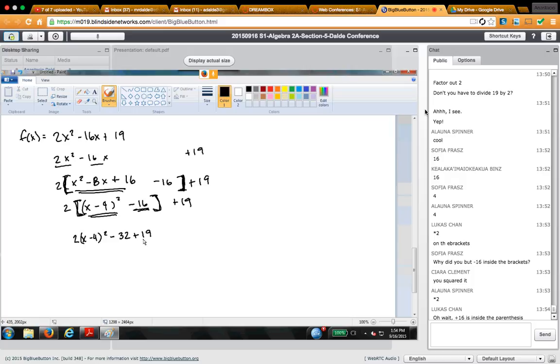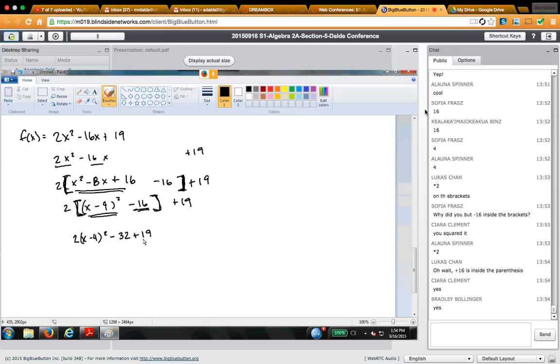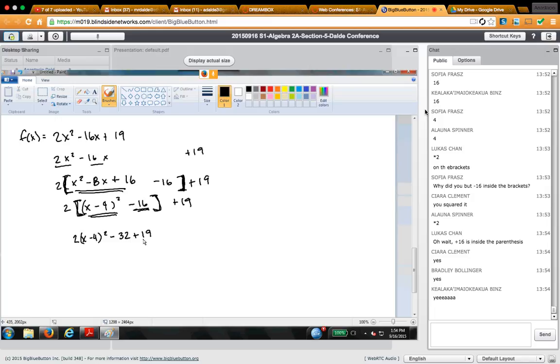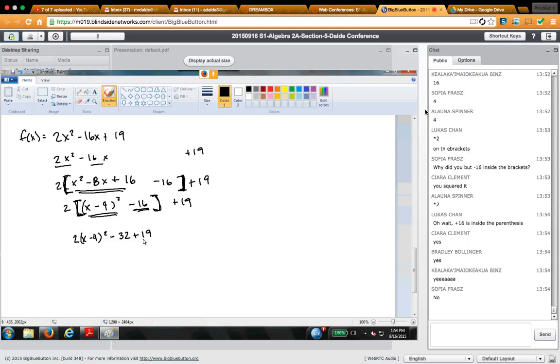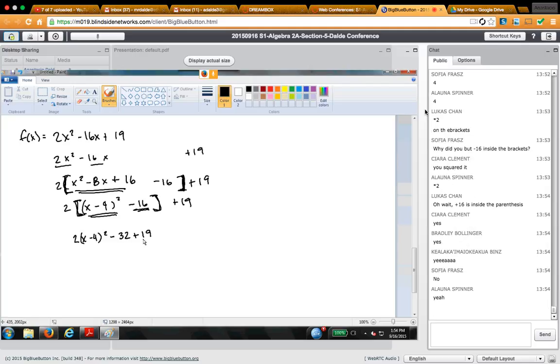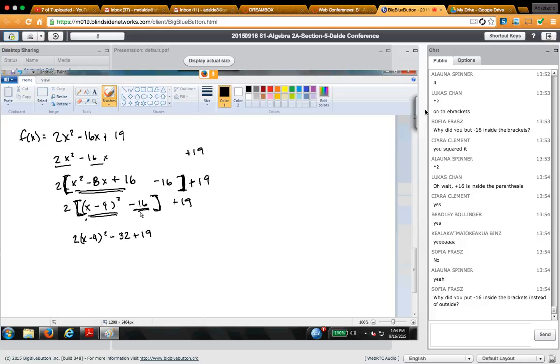Sophia, did I answer your question? I don't understand your question. But did I answer it? This 16 is inside the bracket. So the 2 needs to distribute to both the things inside of the brackets.